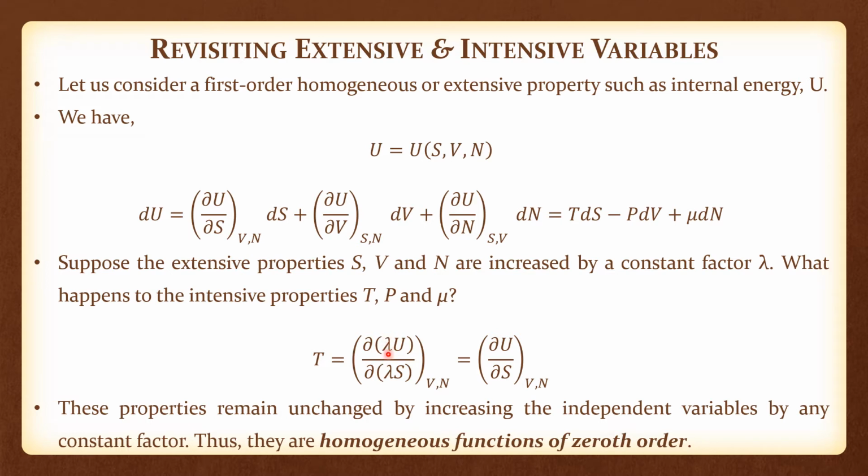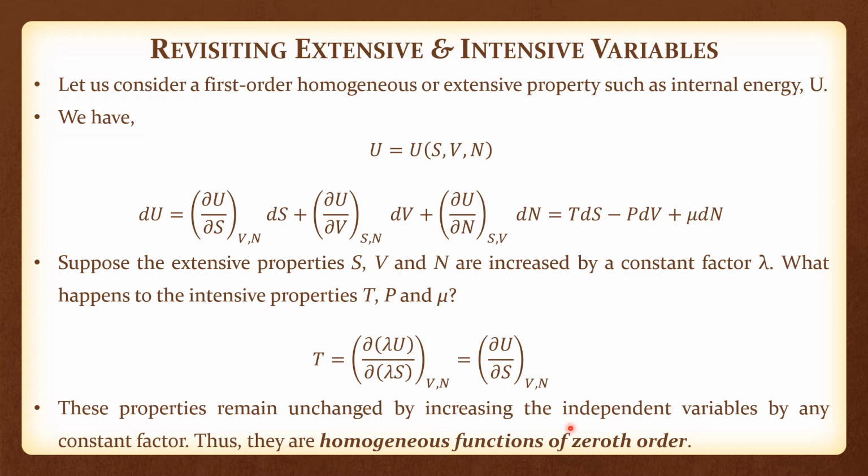And thus these partial derivatives, or the slopes, or the intensive properties, are called homogeneous functions of zeroth order. So you can increase the extensive variables by any constant factor; however, the intensive variables will not change. That is what we generally use to define intensive properties.